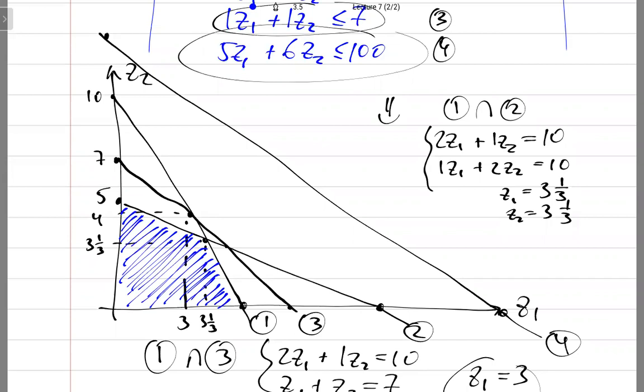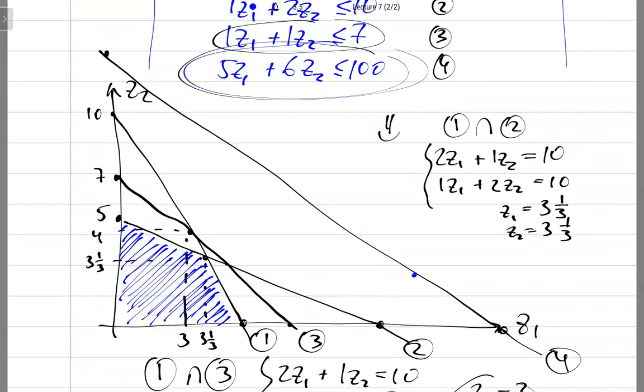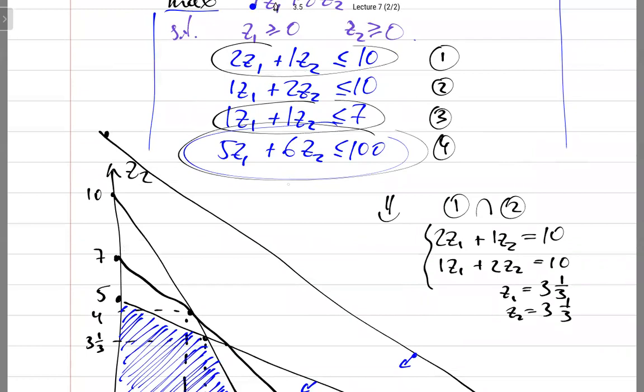For each line, I check whether I should paint below it or above it. For this line, the point 0, 0 satisfies the inequality, and the point 100, 100 does not, so I should paint below this line. For this line, I should paint below. I check using a test point. I choose 0, 0 as a test point and check that 0, 0 satisfies all the inequalities. So basically, I should paint the region where 0, 0 is located.